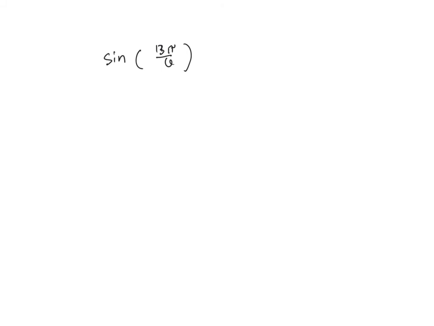Since sines, cosines, tangents, all those functions are periodic, I can take away 360 degrees, or in this case, since this is in radians, I take away 2 pi, until it gets within the range of the unit circle.